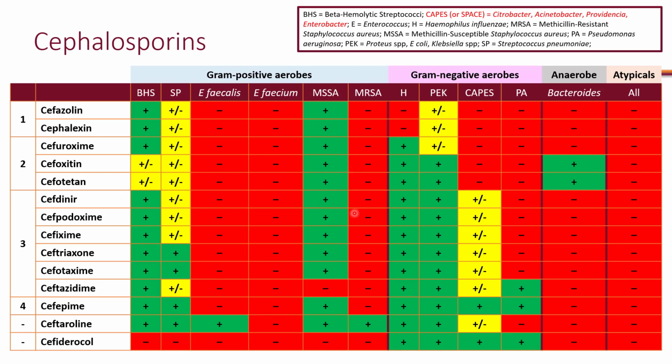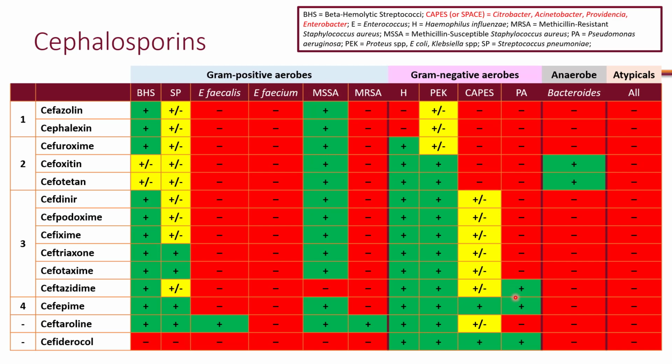And the only cephalosporin active against MRSA is ceftaroline. And cefiderocol, which is pretty new to the market, is excellent for gram-negative organisms, but has absolutely no activity against gram-positive organisms.